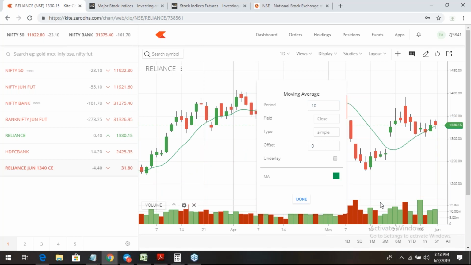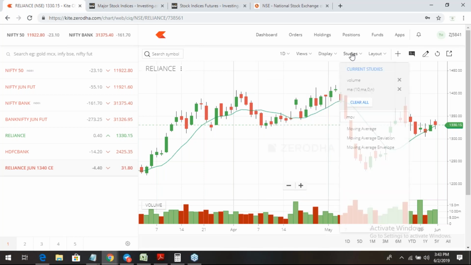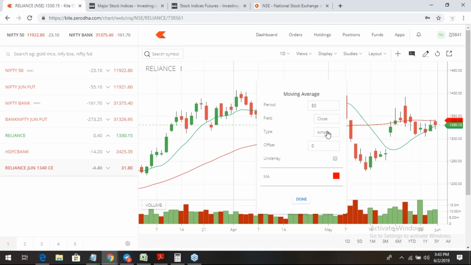Everyone please write down the colors. 10-day moving average, simple, color is green. Done. Again go in studies, moving average, 50-day moving average, simple. Your color is red. Done.